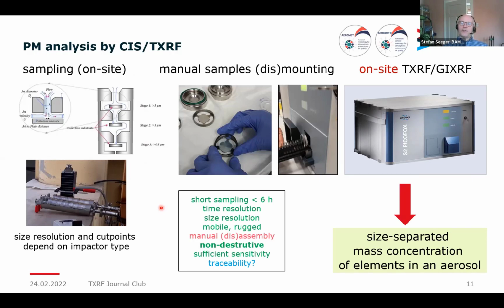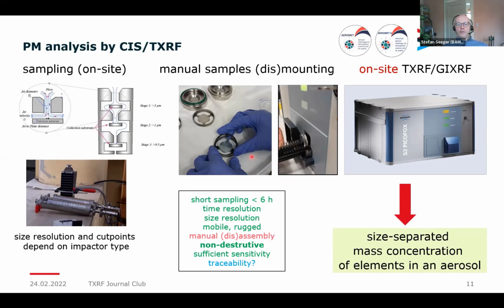Cascade impactors as well as TXRF spectrometers are now mobile and rugged enough to work in an environment, to transport them to a spot of investigation. But one drawback, or I would not say disadvantage, but one challenge, is that it is at the moment required to manually assemble and disassemble the samples.